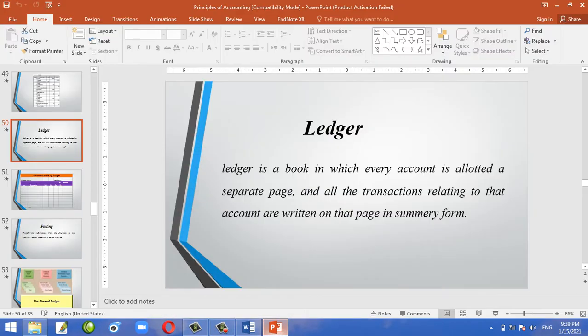Guys, in the previous lecture, generally we talked about the journal and recorded some transactions in it. If you remember, at the beginning of this semester, we talked about the definition of accounting: accounting is the process of recording, classifying, summarizing, and interpreting the result.